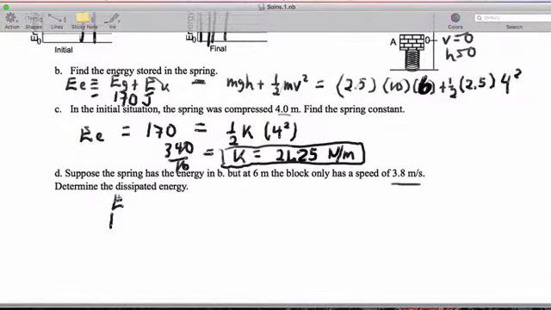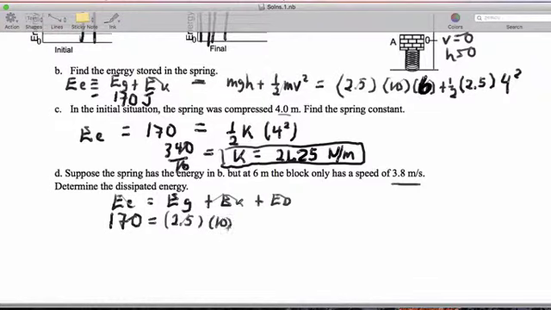We take that elastic energy and set it equal to the three energies that we encounter when it's in the air, which are gravity, kinetic, and dissipated. So we're going to have 170 transformed into 2.5 times 10 times 6 plus 1/2 times 2.5 times only 3.8, plus the dissipated energy. And I'm sorry, we need to square that speed.